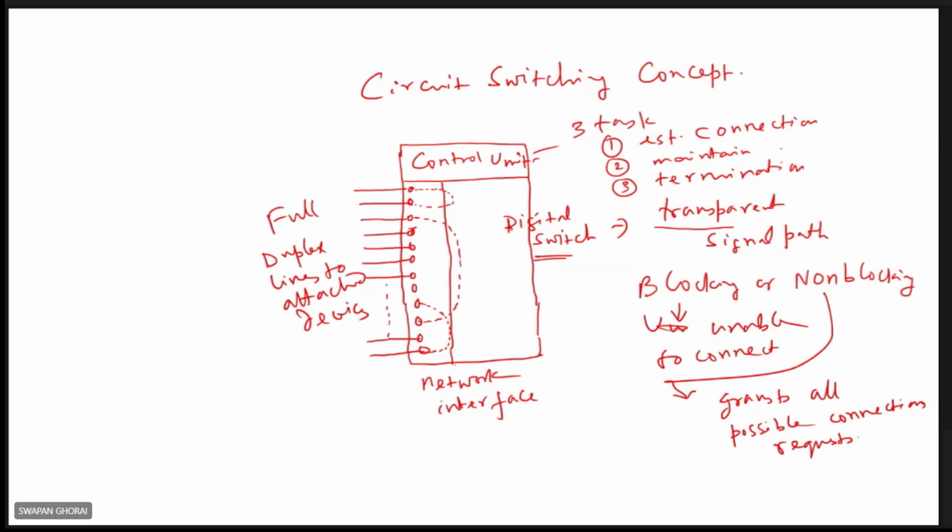A circuit switch network can be used for voice and also for data, or both. For voice, blocking is generally acceptable, but for data entry, non-blocking will be required.